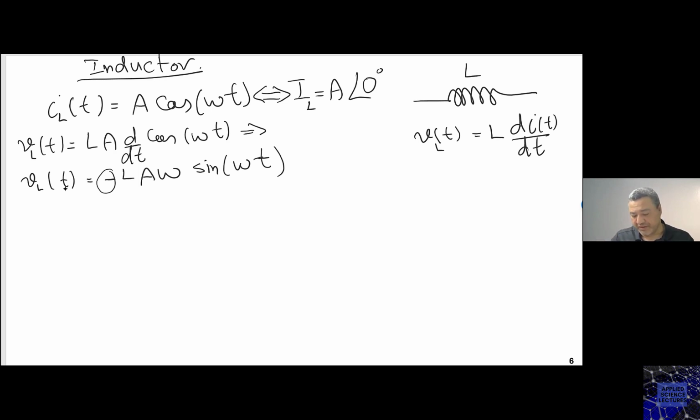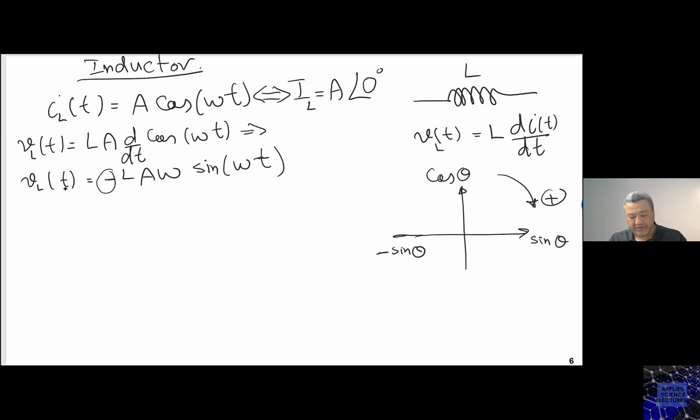So let's put this again here. So we have sine theta, we have cosine theta, and we had positive going this way. So this is my minus sine theta, and if you recall, we said that if I am to go from minus sine into a cosine, I would be adding.